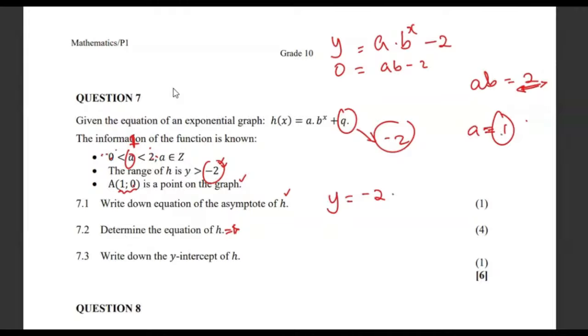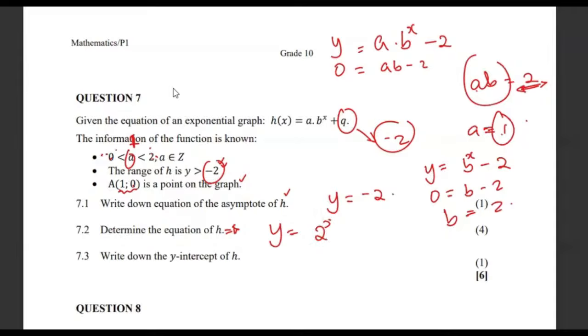So I'll say a is a 1, meaning that y is equal to 1 multiplied by b to the x minus 2. I think I can now do the substitution and apply the 0 and the 1 part. So 0 is b minus 2, meaning that b is going to be a 2 from here. If our a is a 1, then b is a 2. So the equation is going to be 1 times 2 to the x minus 2.